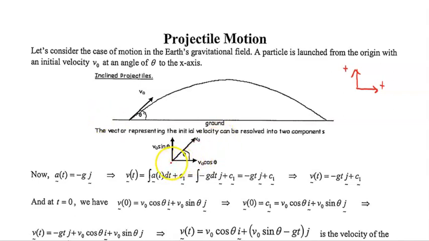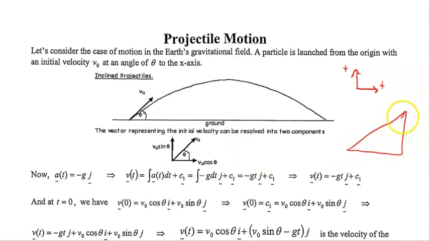We know that it's given an initial speed v0. If we write this as a vector, it's a velocity vector because it's given an initial velocity upwards and to the right. It has a component in the horizontal direction and a component in the vertical direction. It's really just a right angle triangle here.